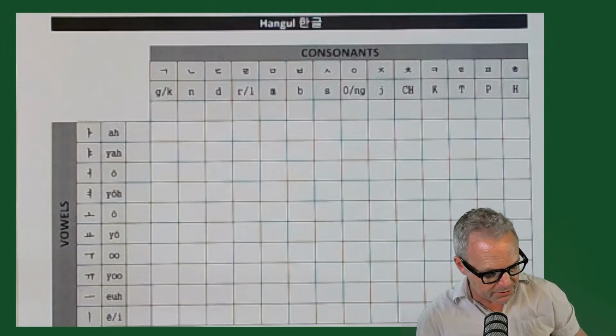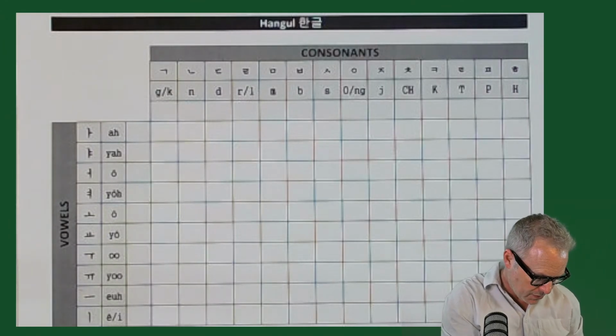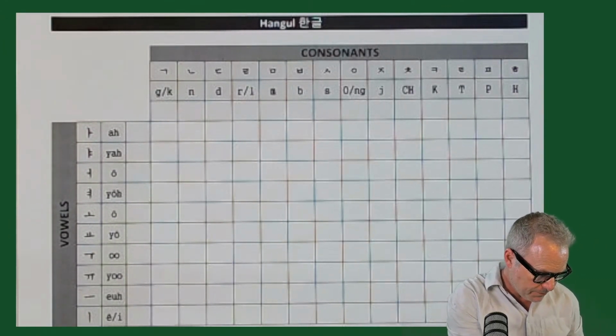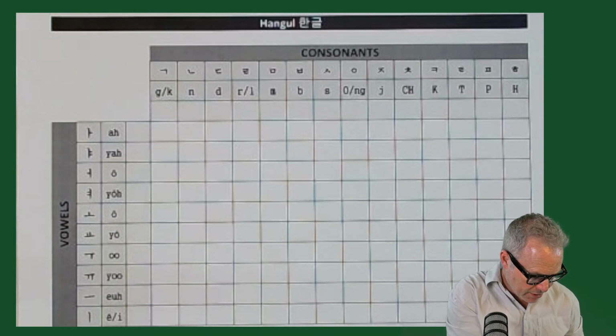Alright, so what we're going to be doing tonight is just completing this chart, this Hangul practice chart.